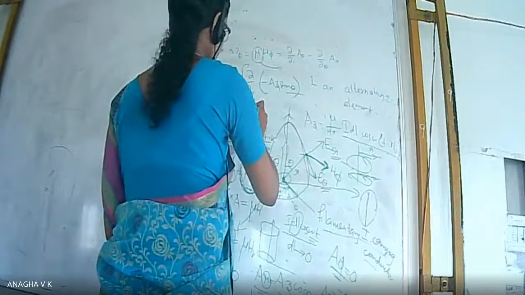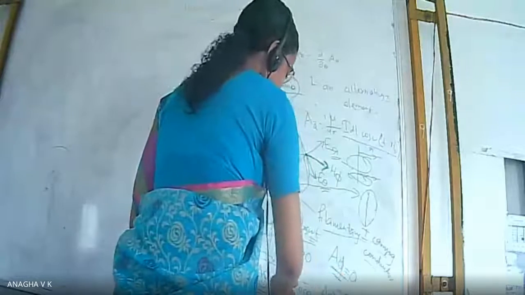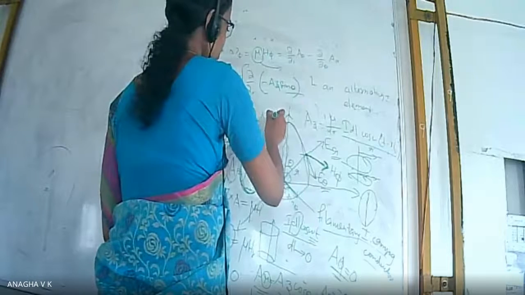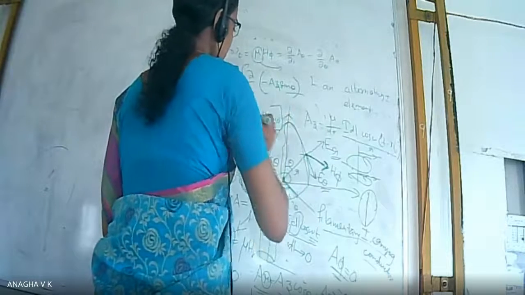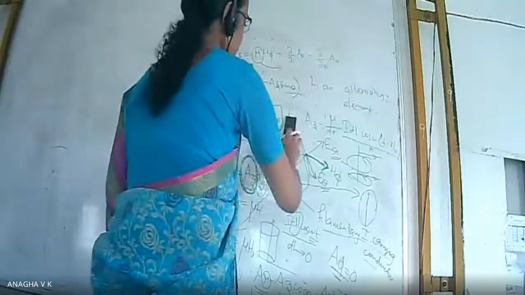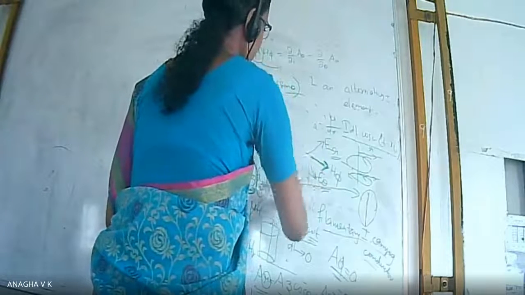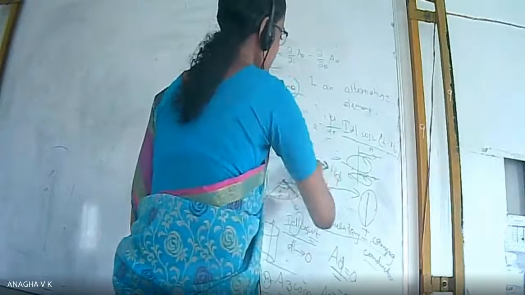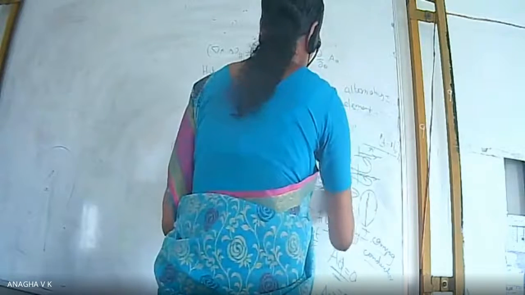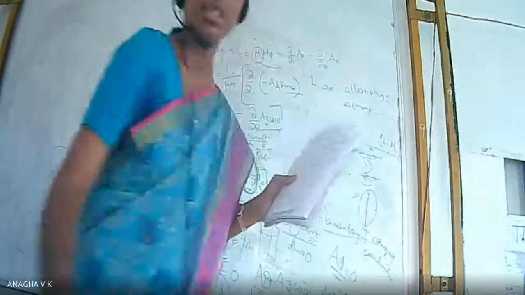Minus dou by dou theta, what is AR? AR is AZ cos theta. Okay, this is the equation. So dou by dou r minus AZ sin theta, minus dou by dou theta AZ cos theta. This is the equation.